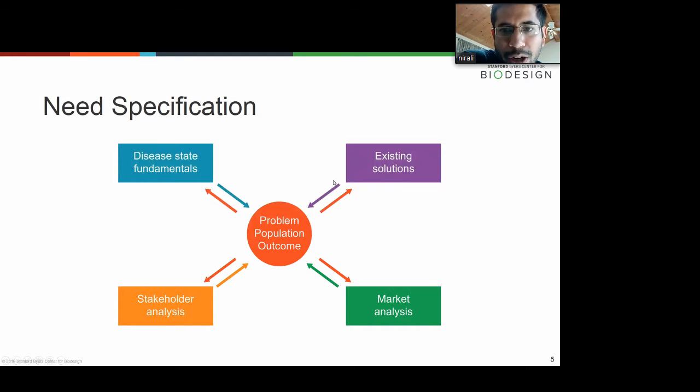And then we can go around the circle in either direction, but we can talk about existing solutions. So how are people trying to solve this need today? Are there any solutions? And I'll tell you this, there's always something someone's trying to do. It may not be a product or a technology, it might be a procedure or a protocol or just a way of doing things.